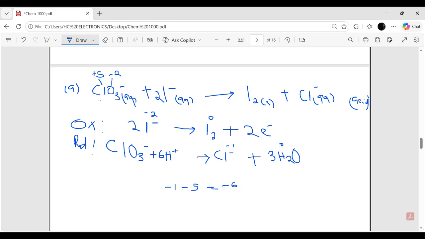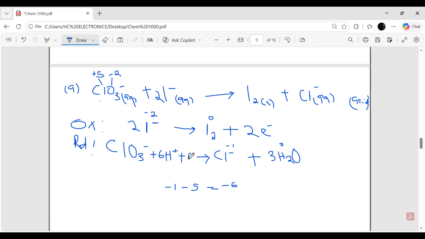So where are we going to add the 6? For a reduction reaction, because we found negative, it's supposed to be minus 6 electrons this side. But just to put the electrons on the other side, so that the sign becomes a positive, you are going to put the electrons here.